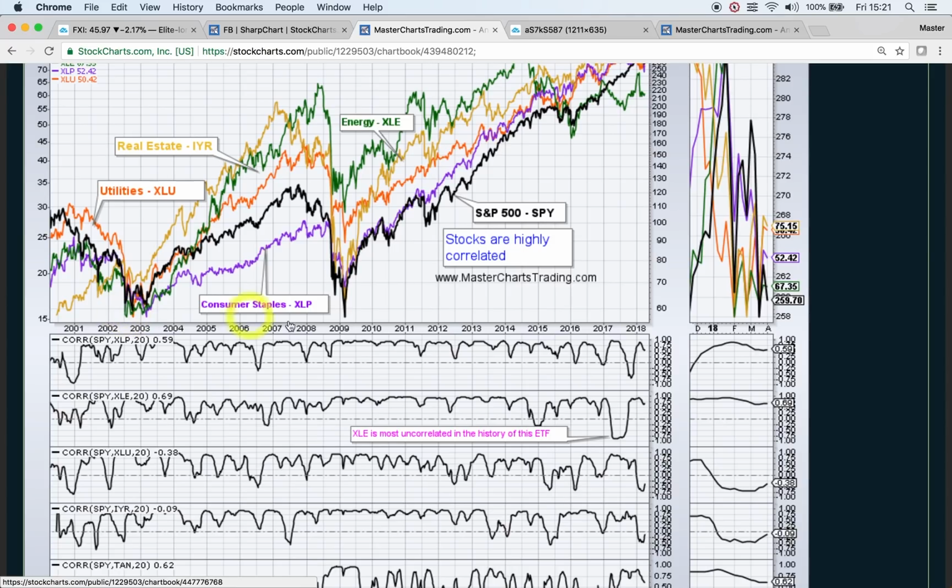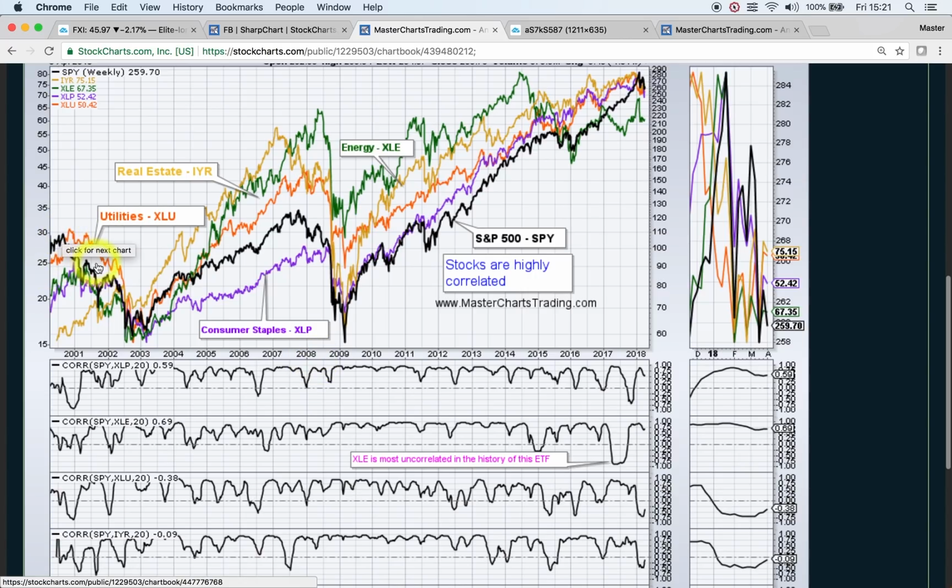So overall, let's say there's going to be a new bear market. Let's say like we had in 2001 to 2003, or a similar bear market as we had in 2007, 2008, 2009. All funds, all stock funds will get sold.